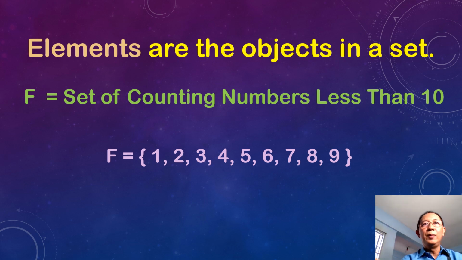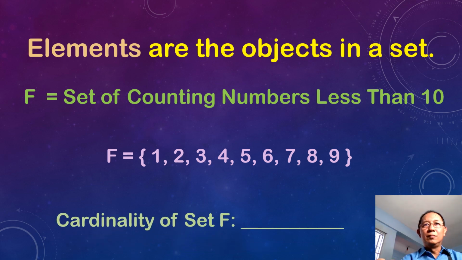So how many elements are there in set F? The cardinality of set F is 9. Why 9? Because there are 9 elements of set F.